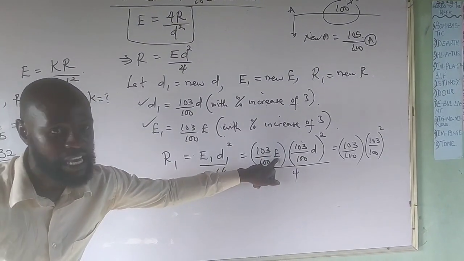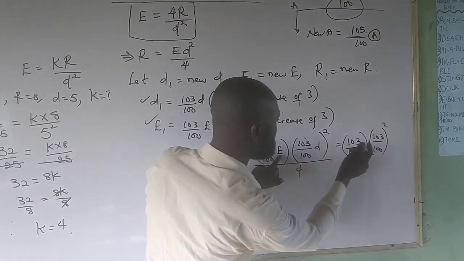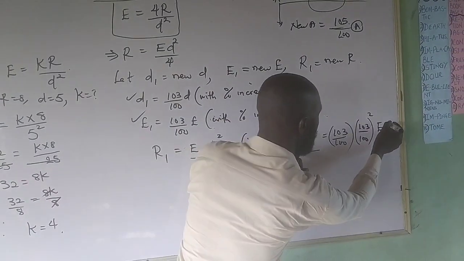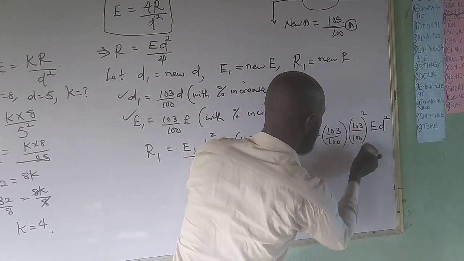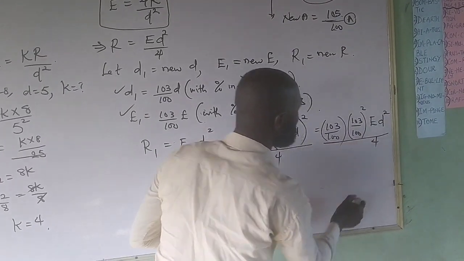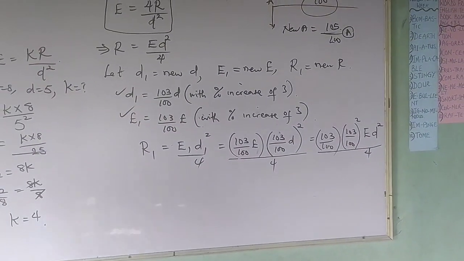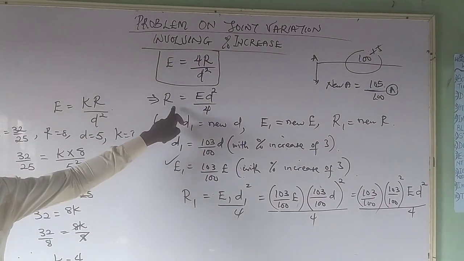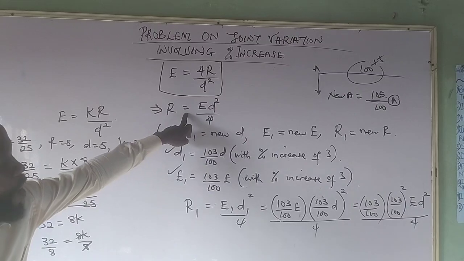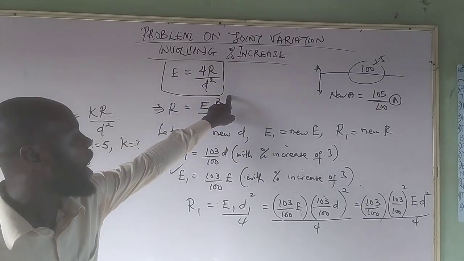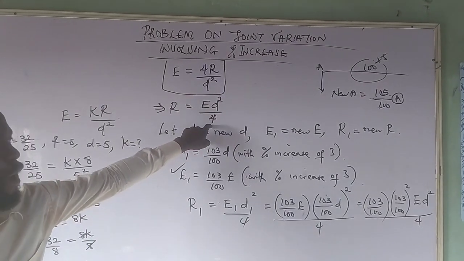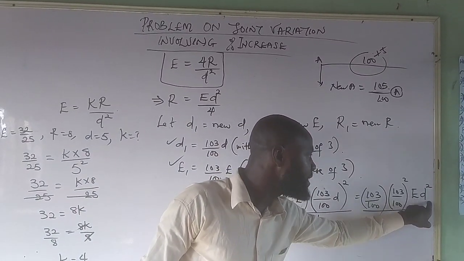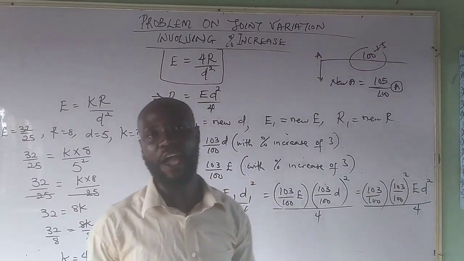Remember we have times E here as well, and times D squared, everything divided by 4. Look at this expression for R. My R is equal to ED squared divided by 4, and in this equation I have ED squared divided by 4 again.